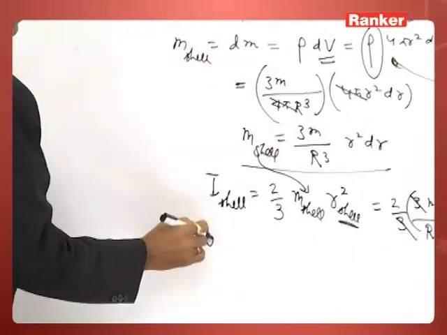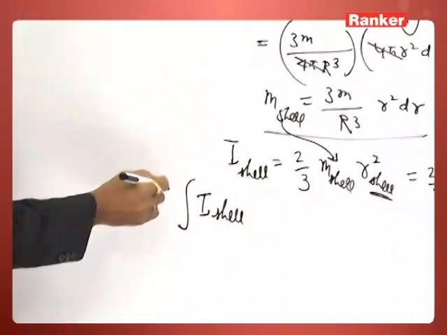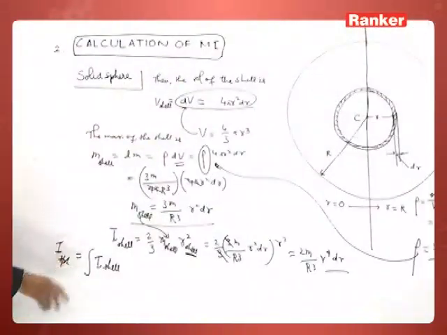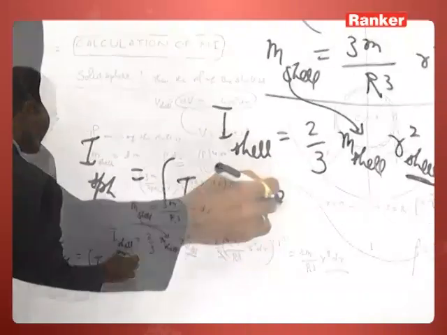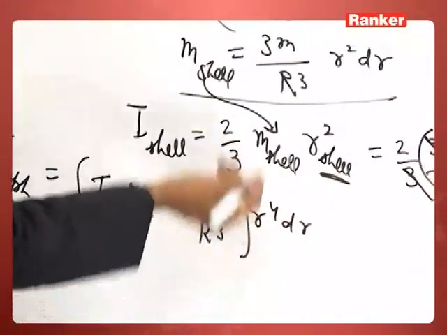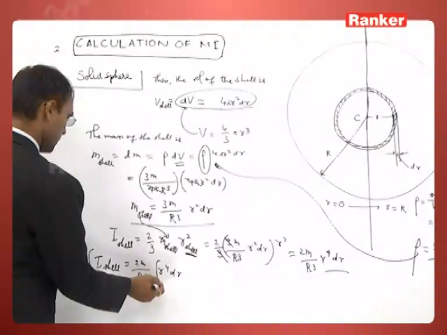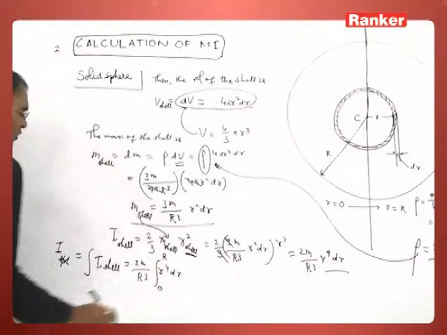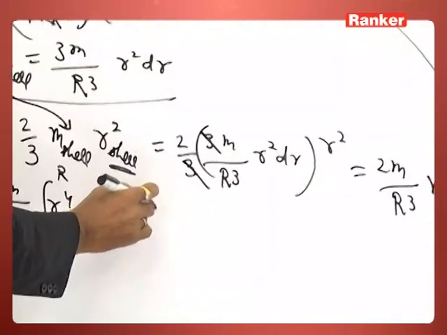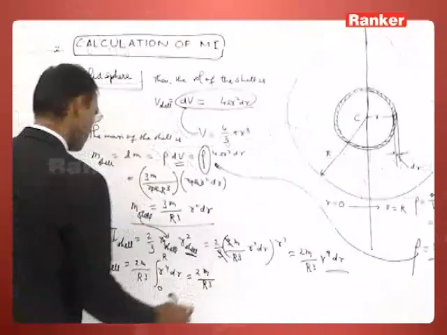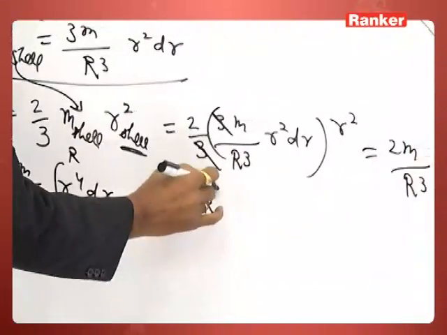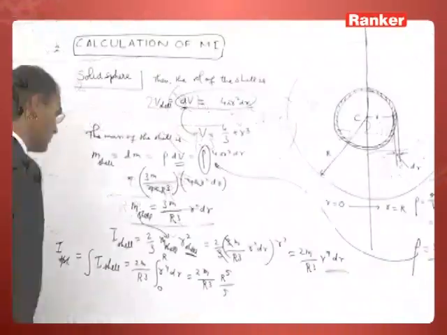If you integrate the moment of inertia of all the shells, you are getting the moment of inertia of the solid sphere. That's equal to 2m by r cube integral of r^4 dr, where r ranges from 0 to the radius of the sphere. This will be 2m by r cube; integration of this will be equal to r^5 by 5.